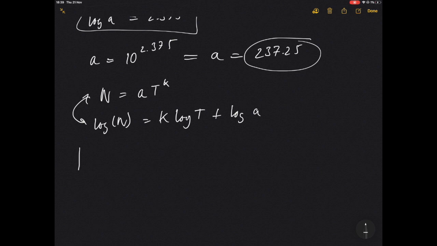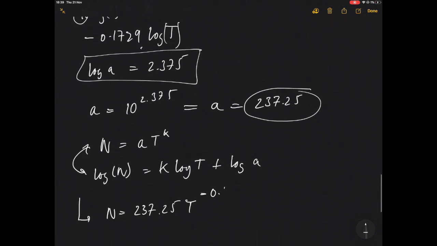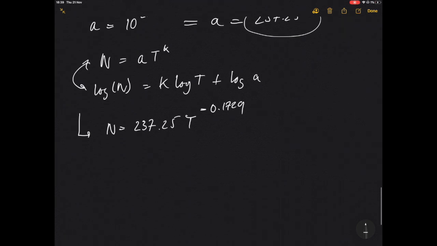So our answer and our description would be n equals 237.25 t to the minus 0.1729. So this is our description of our decay.